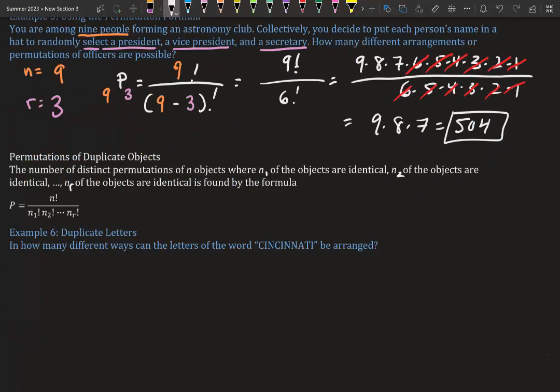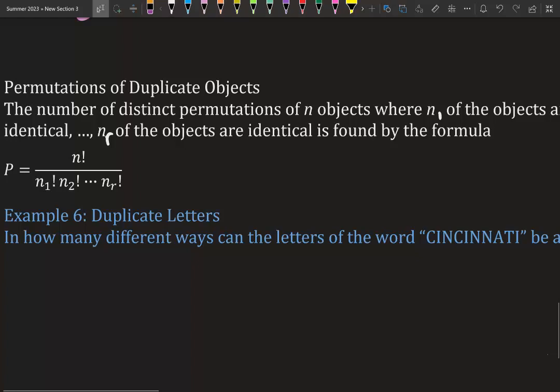Permutations of duplicate objects. The number of distinct permutations of n objects where n sub 1 of the objects are identical, n sub 2 of the objects are identical, dot dot dot, n sub r of the objects are identical, is found by the formula n factorial over n sub 1 factorial, n sub 2 factorial, dot dot dot, n sub r factorial. Again, another formula that seems way scarier than it actually is.